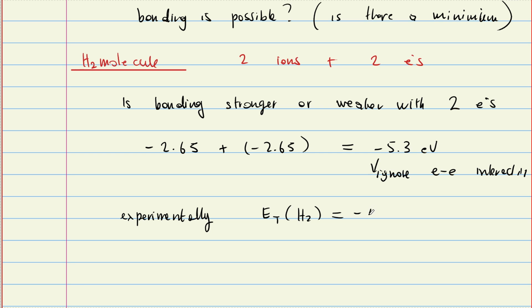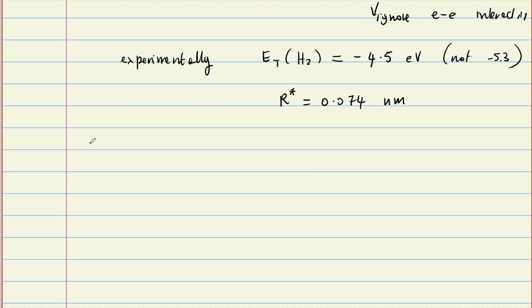It's minus 4.5 eV, so not minus 5.3. And R star for two electrons is equal to 0.074 nanometers.